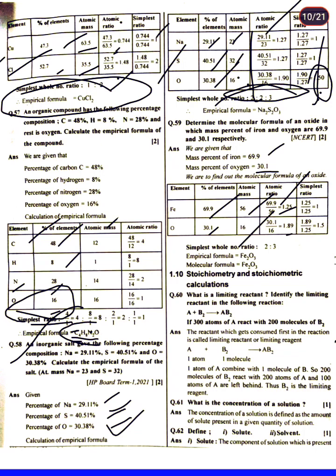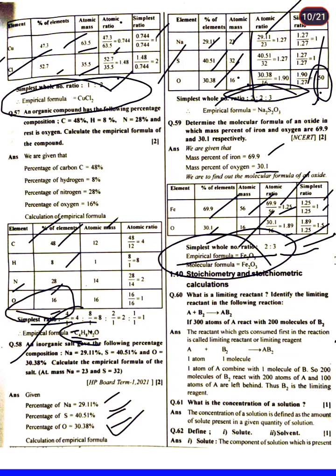Similarly, for the simplest ratio, 1.25 divided by 1.25 is 1 and 1.89 divided by 1.25 is 1.5. So the simplest whole number ratio is 2:3. The empirical formula can be written as Fe2O3, which is the empirical as well as the molecular formula. So these are the most important numericals, which are based on percentage composition.